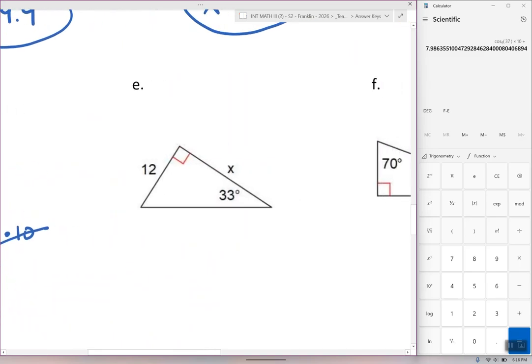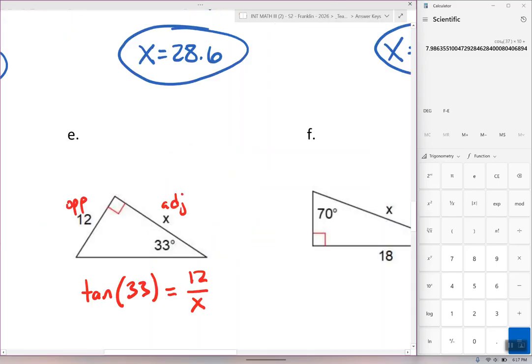All right, for example E, we have a 33-degree angle. We have adjacent and opposite. So we'll be using our tangent. It's the one that doesn't use the hypotenuse. So the tangent of 33 is going to equal 12 over x, right?